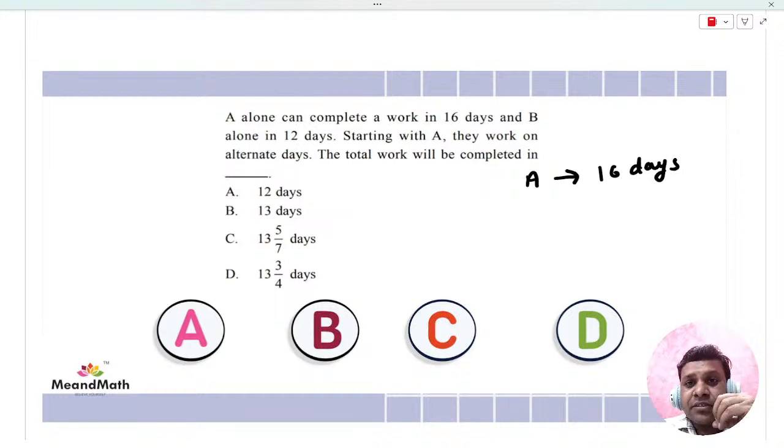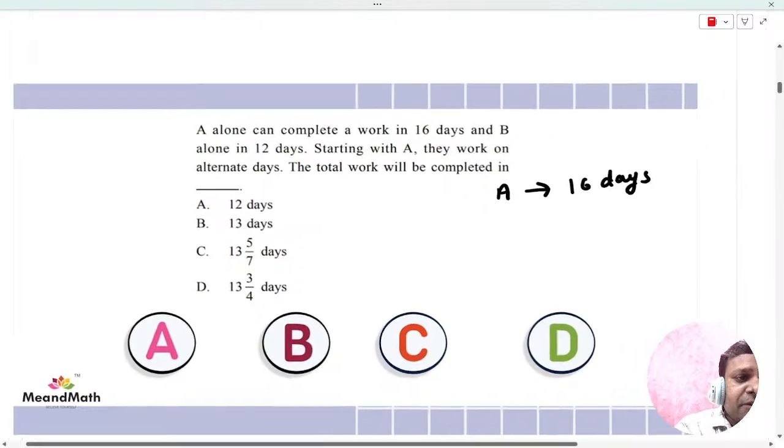If you increase the number of persons, the total number of days decreases. If you decrease the number of persons, the number of days increases.